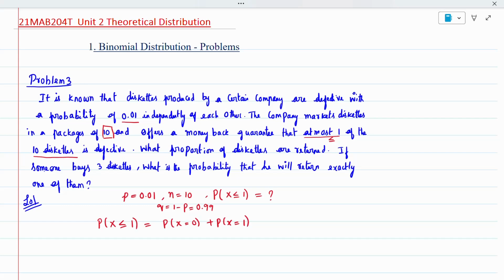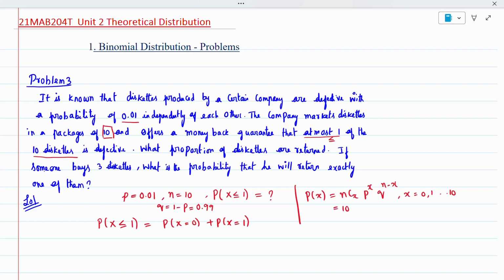So first, it is a binomial distribution. First I will write the formula for binomial distribution. P of x is nCx p power x q power n minus x, where x equals 0, 1, 2 and so on till n, so till 10.